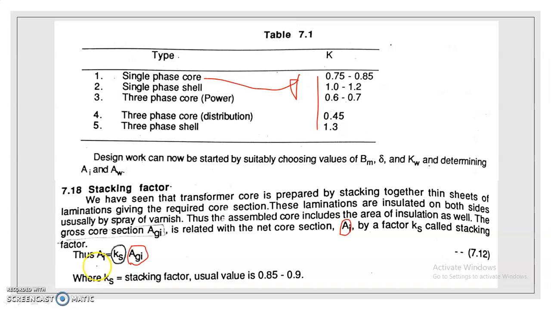So we can define Ai is equal to Ks into Agi, and the stacking factor Ks is usually taken with values of 0.85 to 0.9. For designing the transformer to get good performance or the desired output, we have to choose the value of Ks.